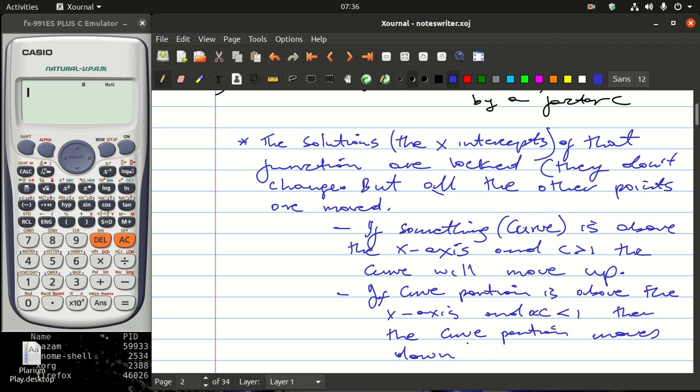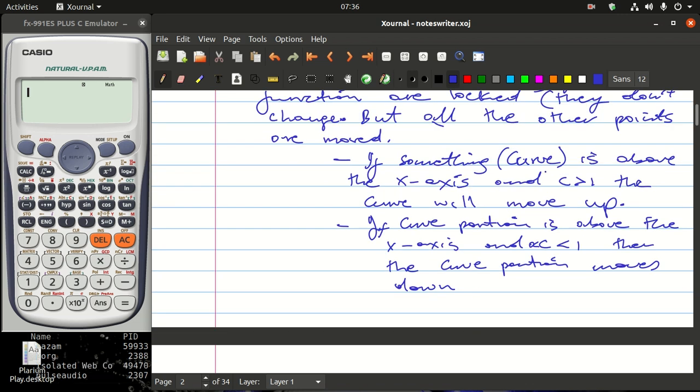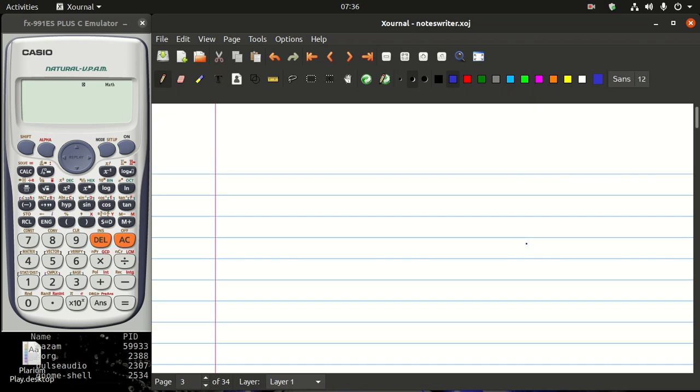It's gonna move a little bit down. And the opposite of this, if the curve is below the axis and c is greater than 1, the curve will move down even further. That's what is actually happening here. And of course the same thing will happen here. It will get closer to the x-axis.